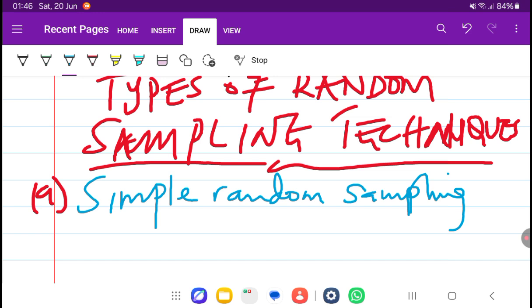So when we remove a piece of paper, we don't put it back. It means that the number of items within the population keeps on reducing whenever we pick an item. But when we are using a sample with replacement, it means the selected individual will be placed back into the population so that they can also have another equal chance of being selected.